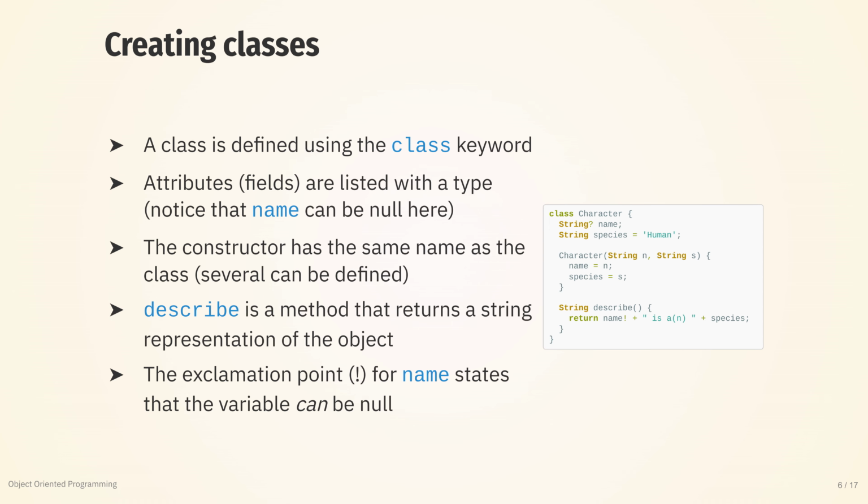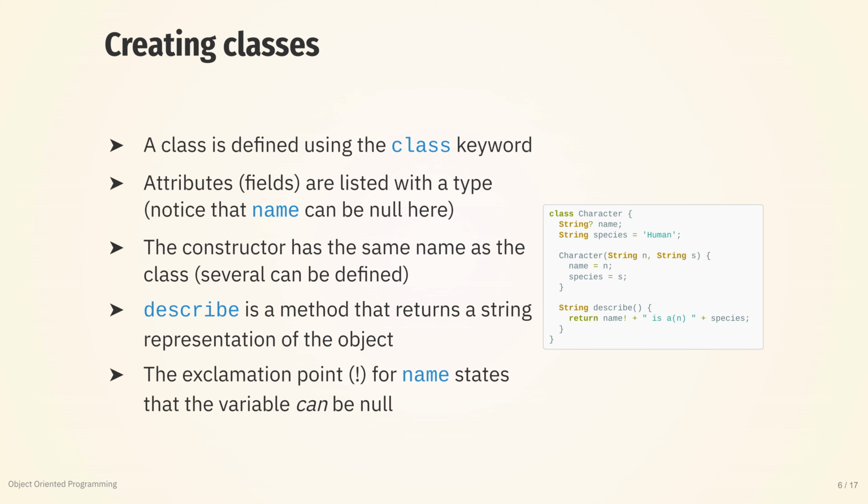It is, of course, possible to create your own classes, and you do that with the keyword class. Any fields or attributes will be listed as in the example just beneath the name. So String name, String species, like we can see in the example, where you could also see that name is nullable. It could be null, so therefore a question mark.